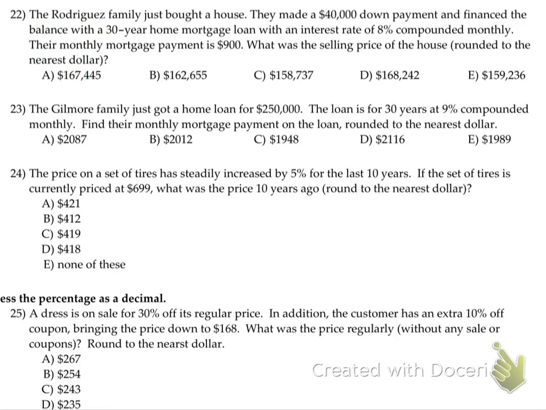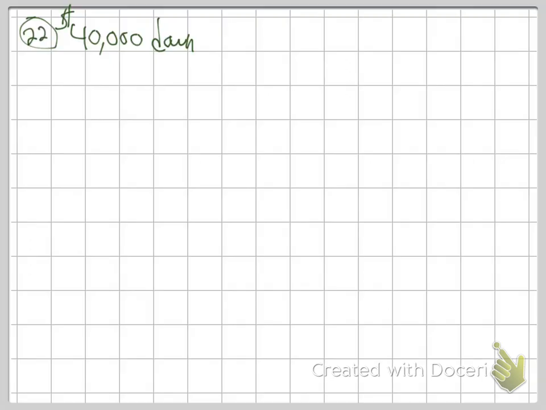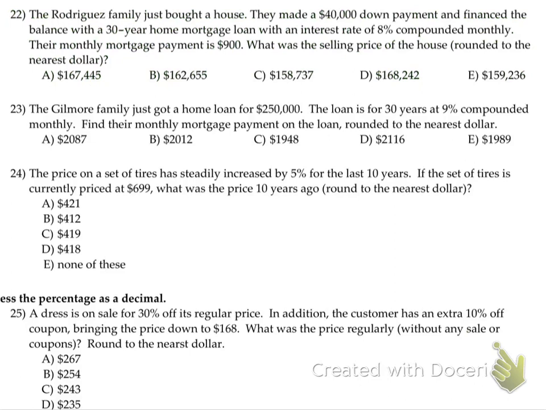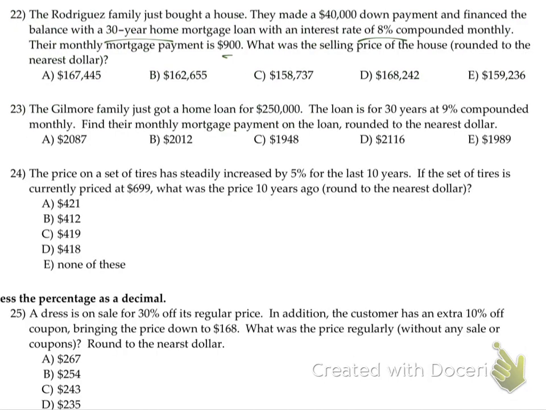What are the facts? They put $40,000 down. Financed the balance. 30-year loan. 8% monthly. $900 payment.